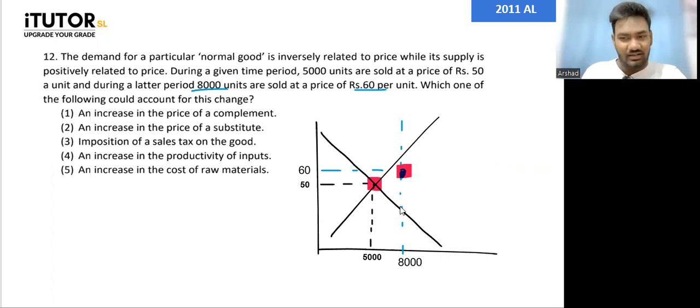If you are to go from the initial equilibrium, which is pink, to the blue equilibrium, what has to happen to demand? Demand has to increase, right? So how can we show that? A rightward shift. Okay, so demand has to increase.